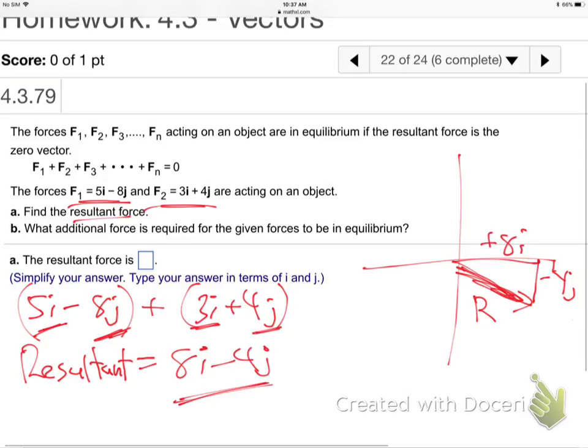Okay. Now, their second question is, what additional force is required for the given forces to be in equilibrium? Statics is an engineering course that covers things in equilibrium. Meaning, like these folders on my table up here.